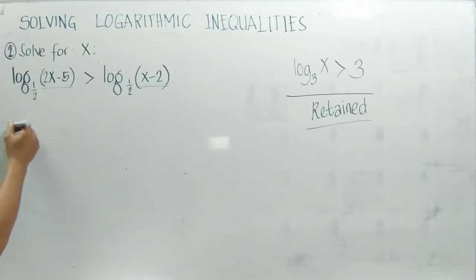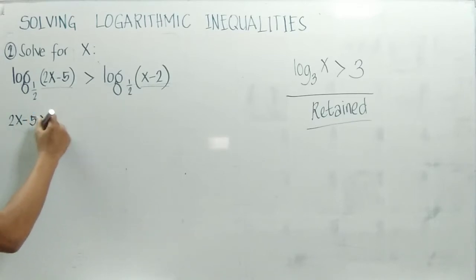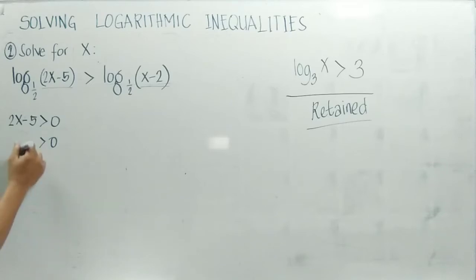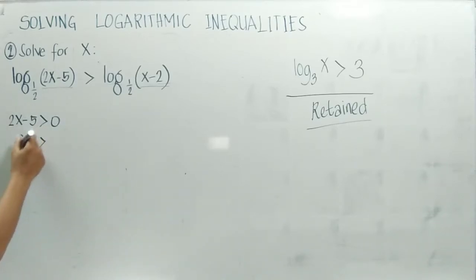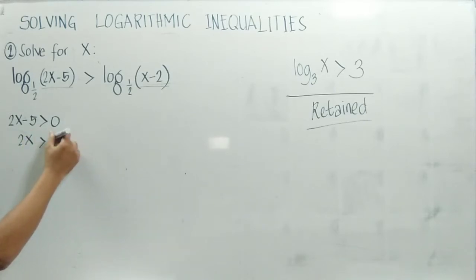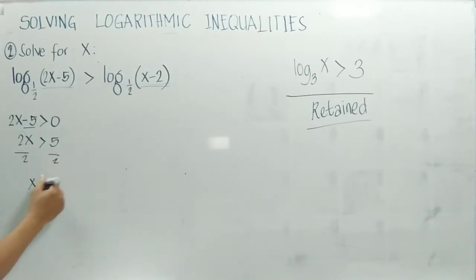So let us first check if 2x minus 5 is greater than 0. Simplifying, we have 2x is greater than 5. So minus 5 to the other side is positive 5. Then dividing both sides by 2, now we have x is greater than 5 over 2.